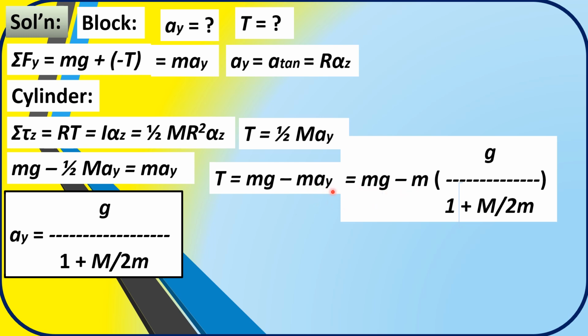Instead of a sub y, we use the formula we got earlier: g divided by 1 plus capital M divided by 2 small m.